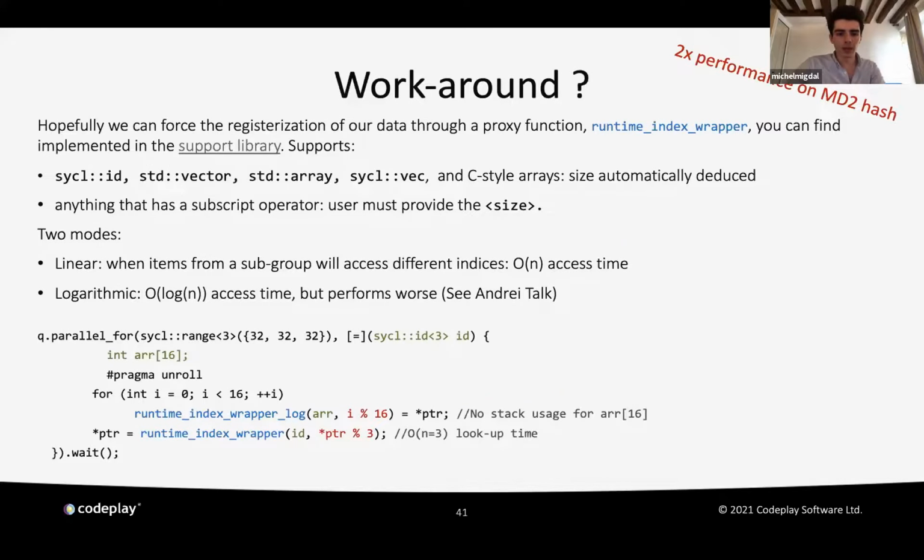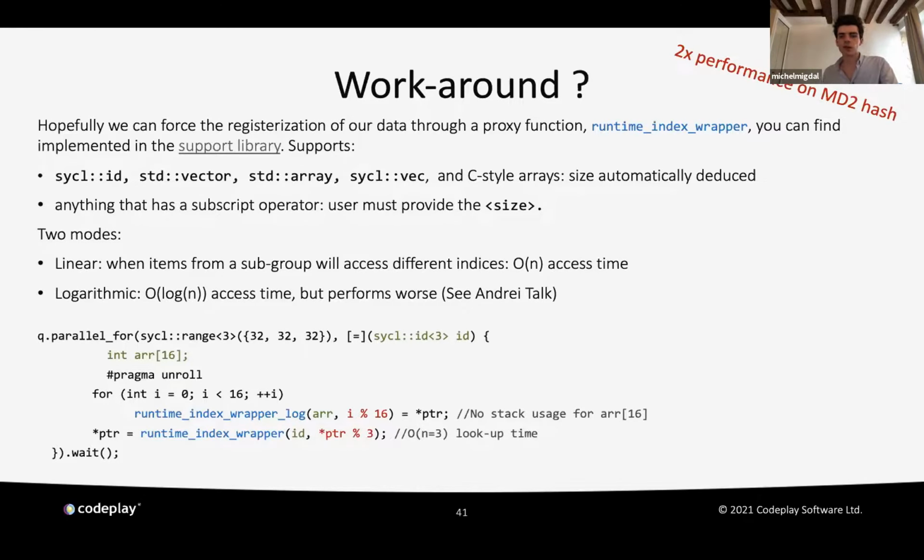So I found a workaround to force array registerization. Naturally, that's the word, really. Basically it's a recursive template that gets optimized away, thankfully, by the compiler, and that allows the compiler to see more optimization opportunities. There is a link to the implementation, but you'll get it later, I guess.